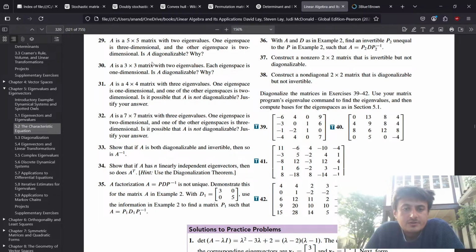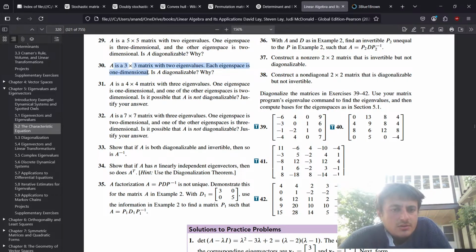A is a 3x3 matrix with 2 eigenvalues. Each eigenspace is one-dimensional. No, because it's not diagonalizable because, well, first off, is this even possible? How is this possible? I guess this is over the reals.